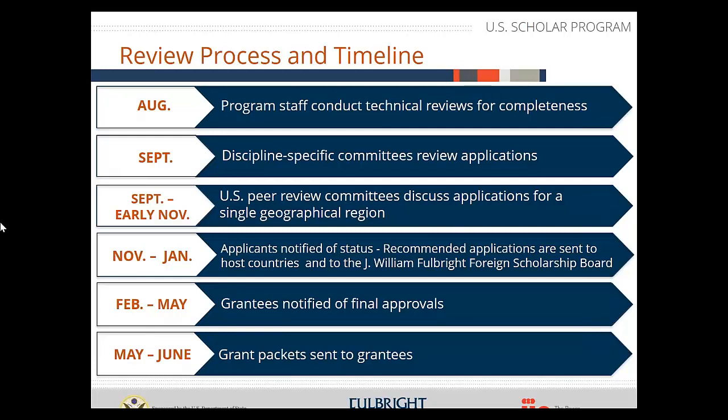It means each country works on a different timeline, and so one country might be all done with their reviews, and they might send us the information in February saying, look, we've selected these people, and then these are the non-selects. So some countries work faster, and they get them done in February. Others trickle through, and some of them only complete them in May. So up until that time, you will be waiting for your final notification.